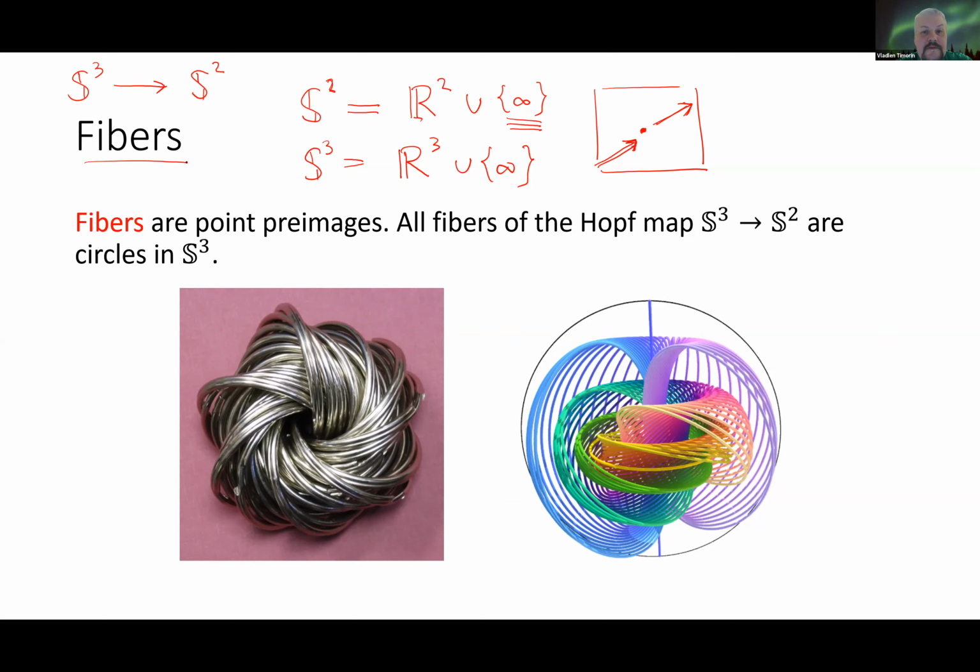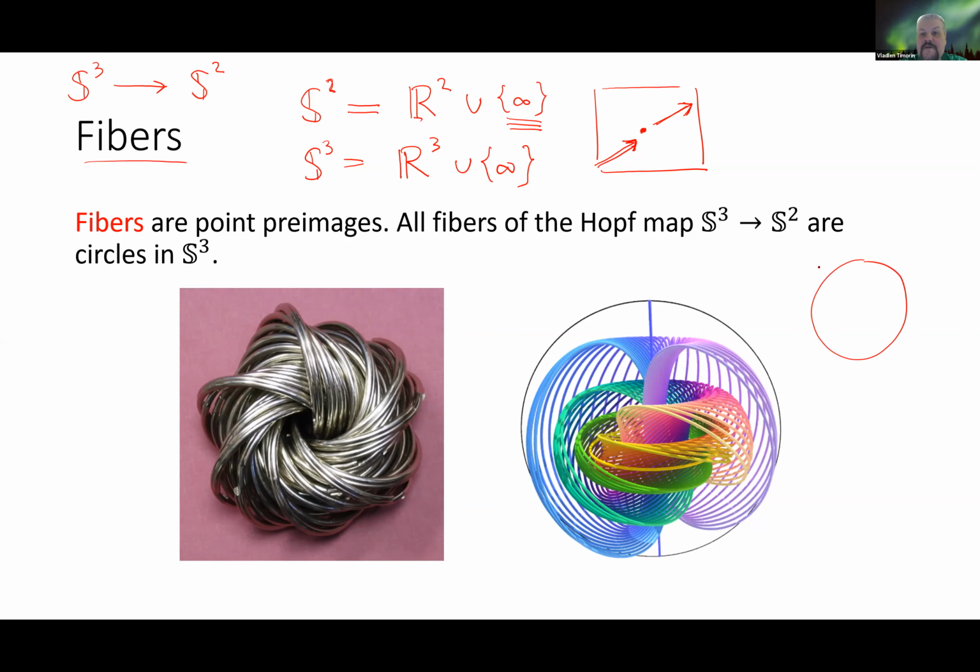They are circles in the three sphere, but they are also represented by circles in the three space, because the stereographic projection takes circles to circles. So first of all, any fiber is a circle.